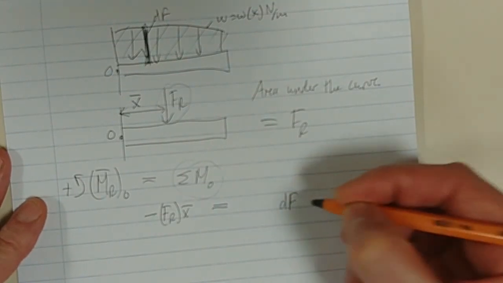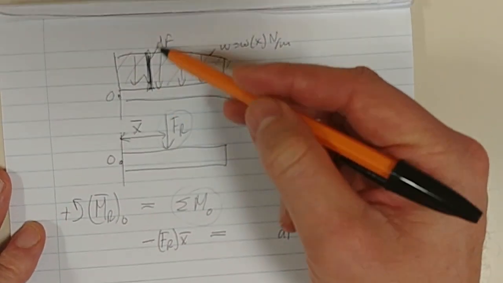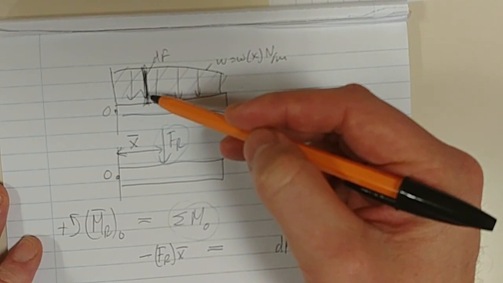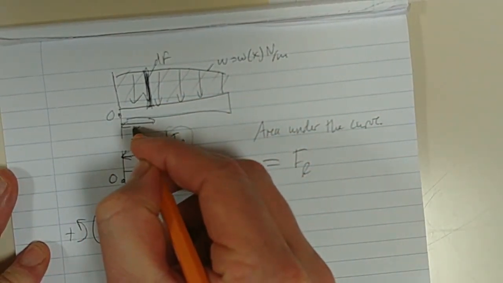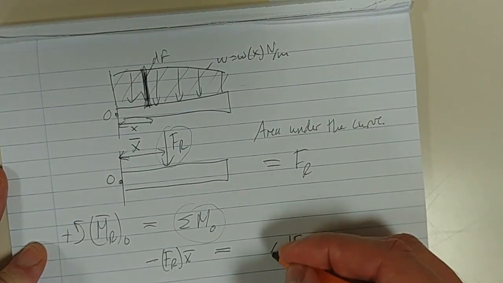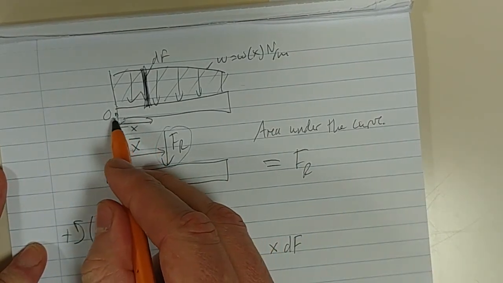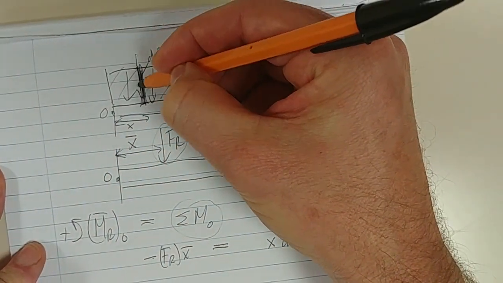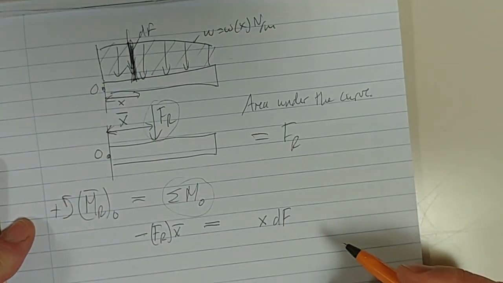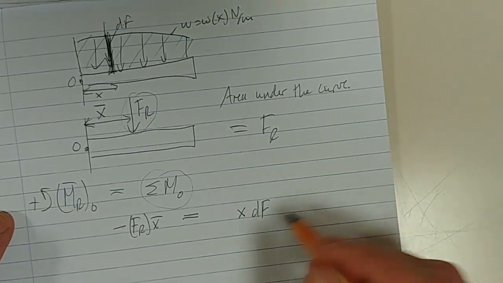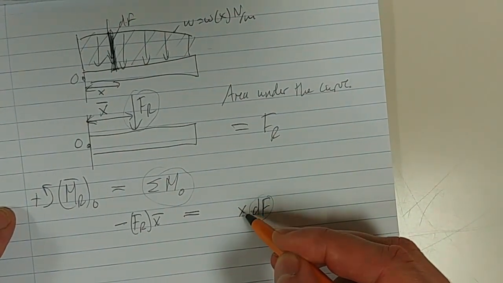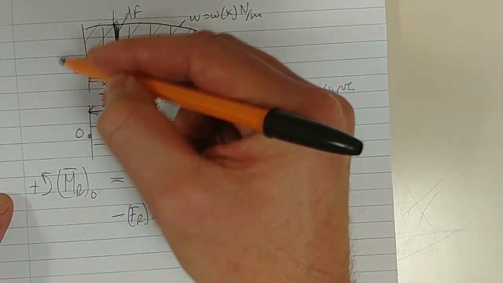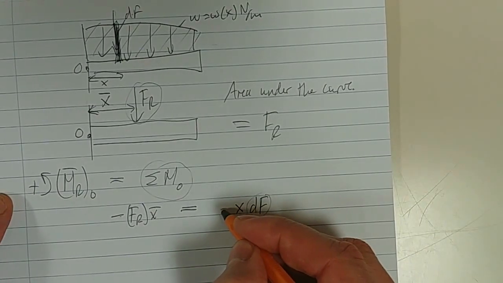What is dF? dF is an elemental force, okay? And we have x. So x is the distance from point O to this elemental force that's acting through that element. So x times dF is our moment: dF is our force, x is our moment arm, and it's also going clockwise, so that is negative.